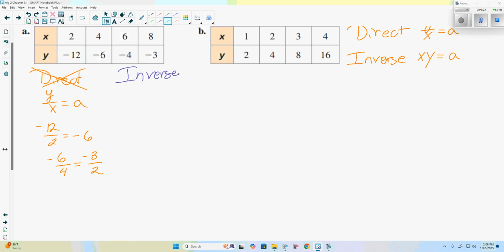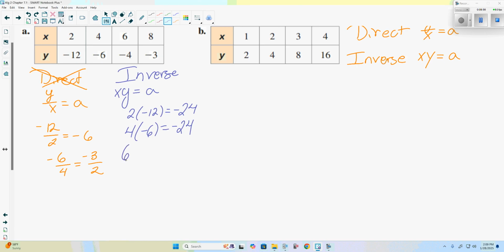Inverse. x times y is equal to a is equal to that same amount. So we can start off with the first x value, which is 2, and the first y value, which is negative 12. And 2 times negative 12 is negative 24. And then we move on to the second one. 4 times negative 6 is negative 24.